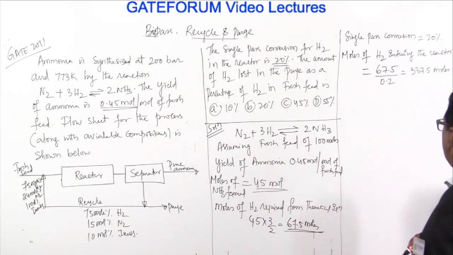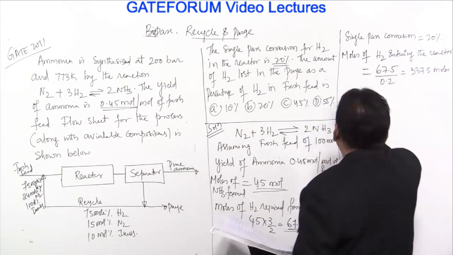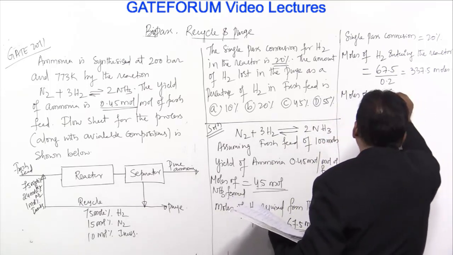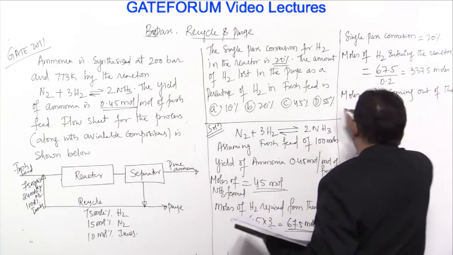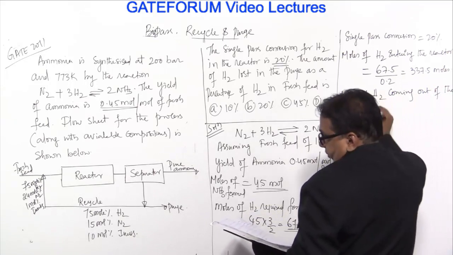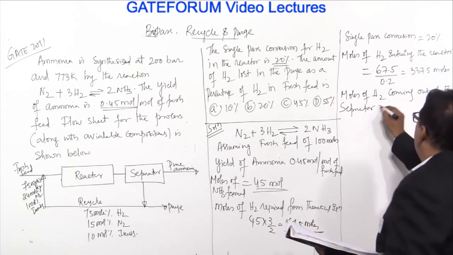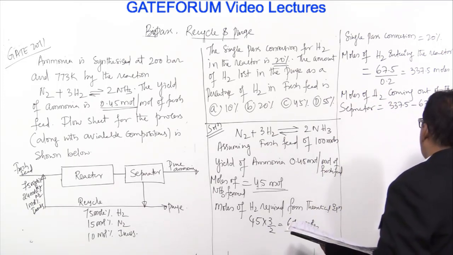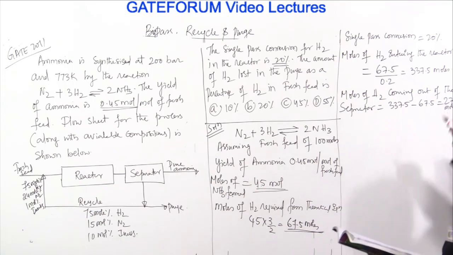So the moles of H2 entering the reactor is 67.5 divided by 0.2, which is 337.5. Now, moles of H2 coming out of the separator is 337.5 minus 67.5, which will be 270 moles.